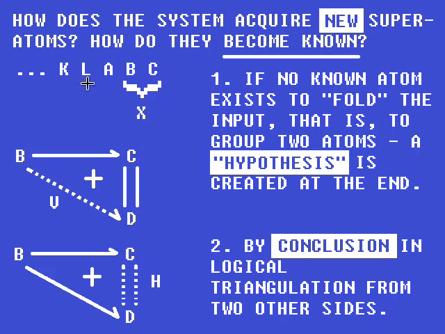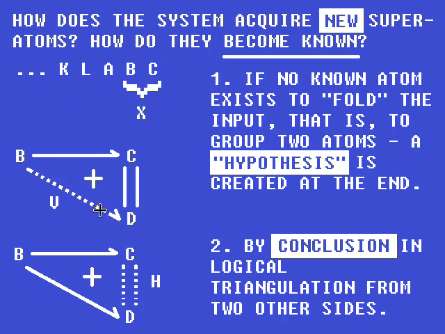Alright, you have K, L, A, B, C as the end of your input window, but you have no idea how to group it or fold it into a superatom. Then you are generating a hypothesis. You are saying, okay, I will simply now say that X means BC and that it shall have some sort of initial vicinity value. That is how you're going to create an atom. It may turn out that that was a wrong assumption in the further reasoning. So this is just a hypothesis, and it can be overturned later on.